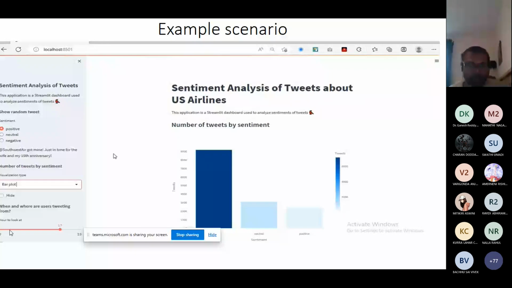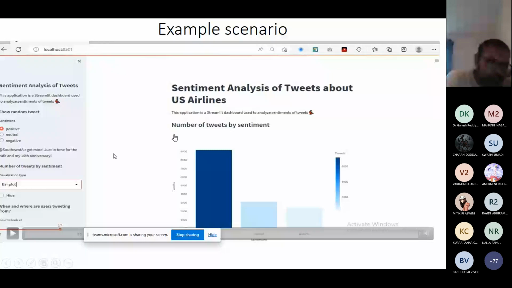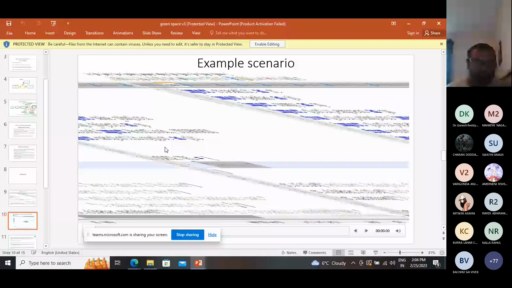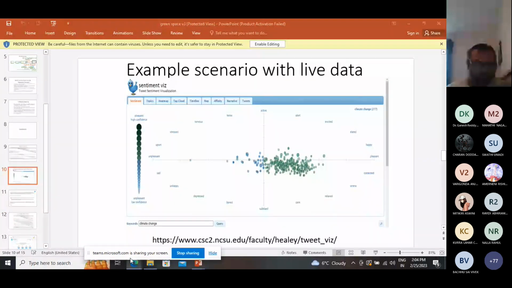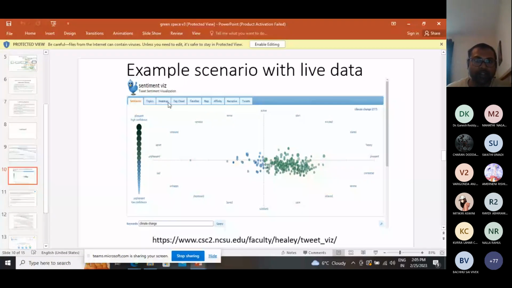Okay, I want to run the video one more time. So this is one of the scenarios with live data. Like we can have an application, app or website, with sentiment, topics and heat maps. We are concentrating on visualization techniques like heat maps, tag cloud, timeline, map, affinity, and narratives and tweets, all those things.